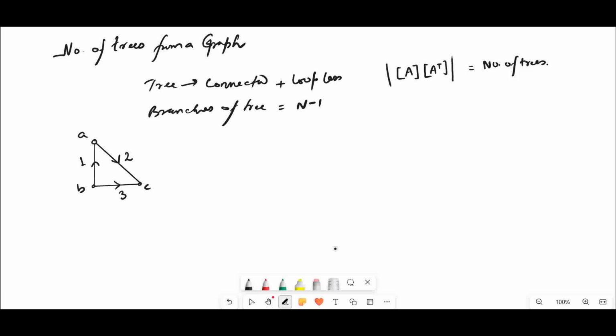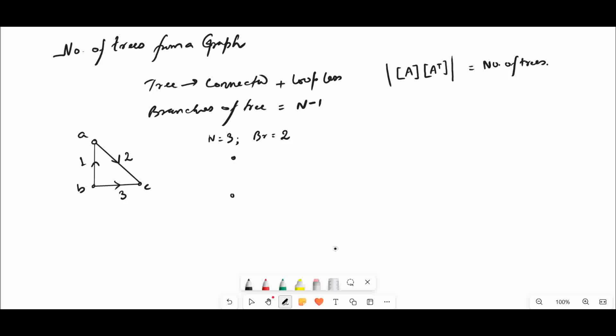To identify the number of trees, we already know that a tree should be connected and loopless, and the number of branches in the tree should be n minus 1. Here we have n equals 3, so the number of branches we should have is n minus 1, which is 2.